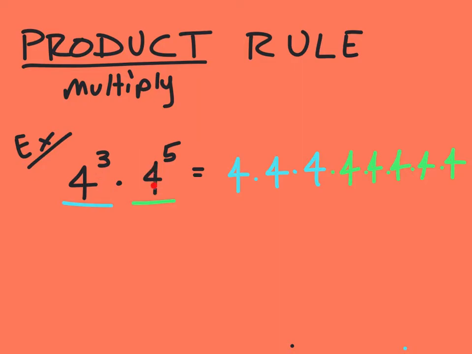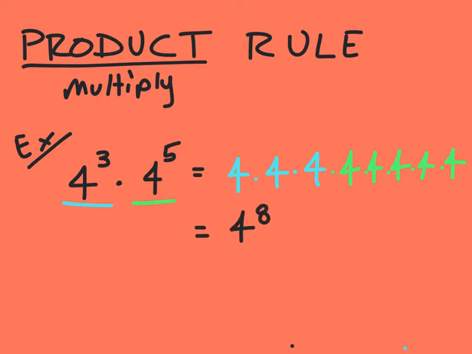When I'm multiplying by 4 to the 5th, that's multiplying 4 5 times. So now the question is, knowing what we know about exponents, how many times am I multiplying 4 by itself? 1, 2, 3, 4, 5, 6, 7, 8. This gives me 4 to the 8th power.